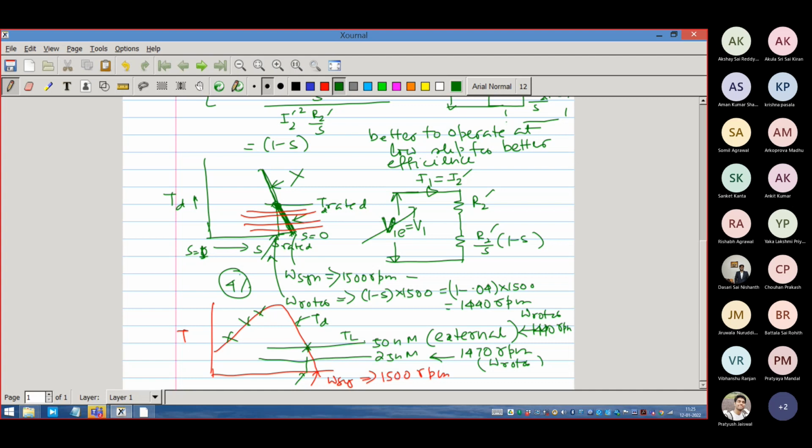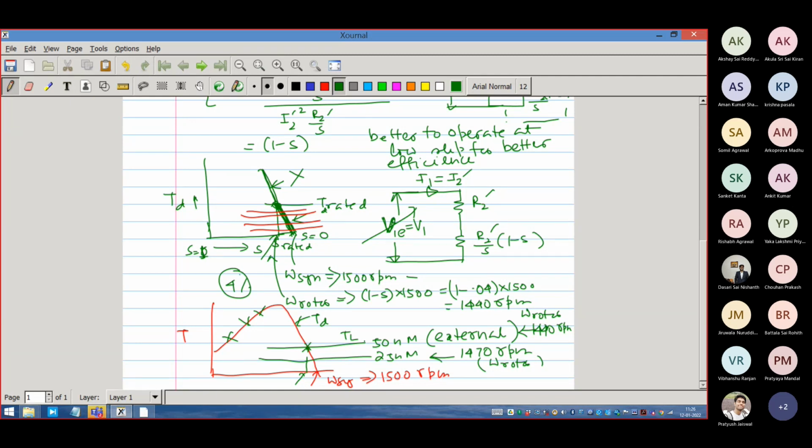How? By simply adjusting the synchronous speed by that amount. Suppose that instead of 1500 rpm, I had started with a synchronous speed somewhat close to 1470 rpm, right? Then this drop would have been adjusted from 1470 to 1440, because this amount of torque requires a drop of 30 rpm.